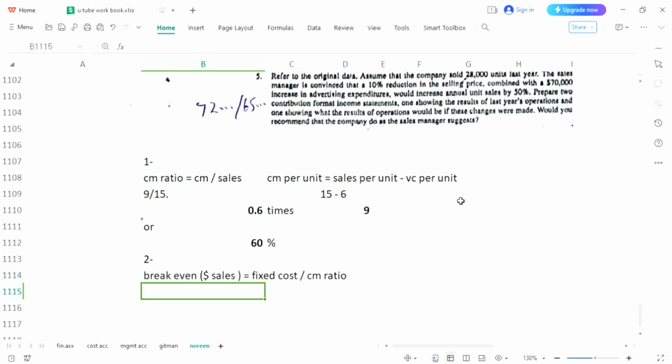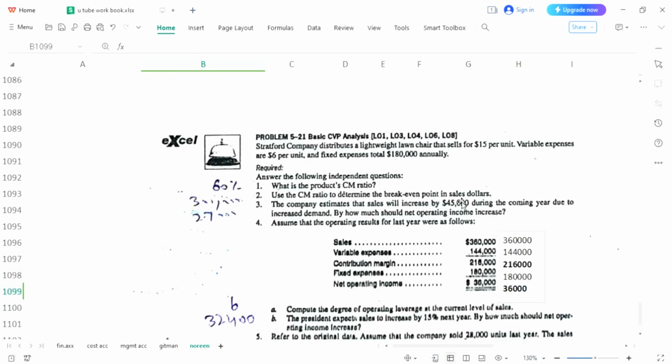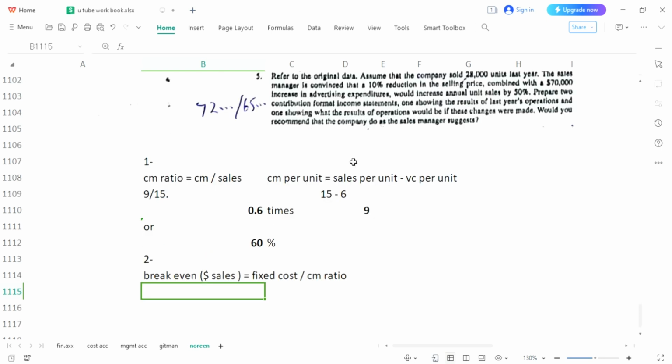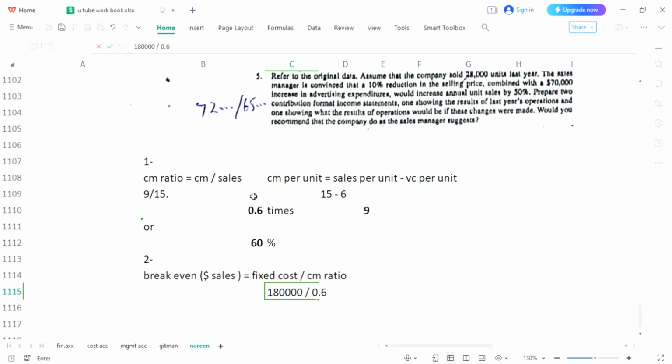Fixed cost is given in the question. As you can see, 180,000 is your fixed expenses. We put 180,000, and we need to divide it by the CM ratio. This CM ratio we have calculated, we will be putting in terms of times.